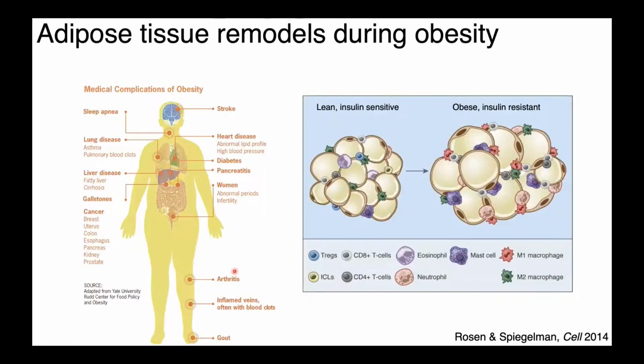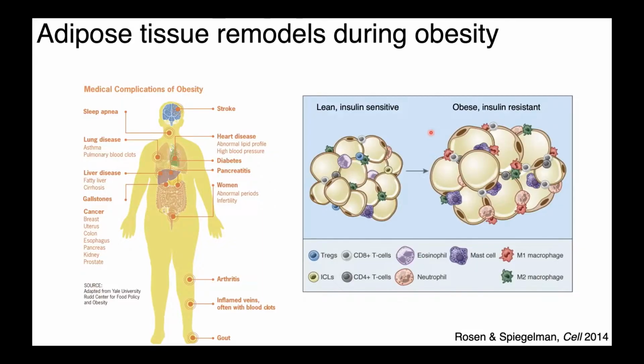Finally, one thing that we know is that adipose tissue remodels during obesity. This is particularly important because we also know that there are a number of medical complications of obesity that may have something to do with adipose tissue. With adipose tissue, we know that during obesity, adipocytes become larger and more abundant, but also that they don't become more proportionally abundant, in fact, less so because of infiltration of immune cells.